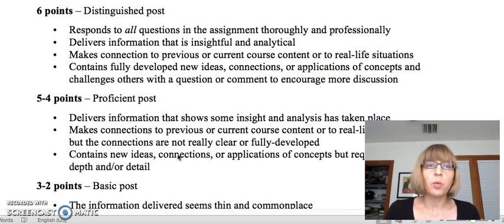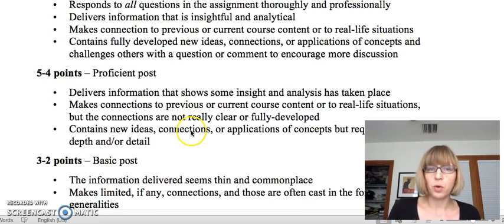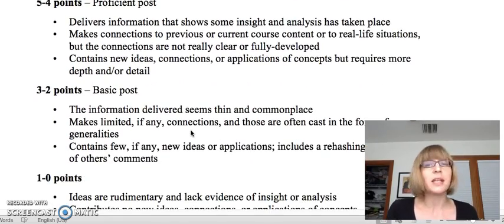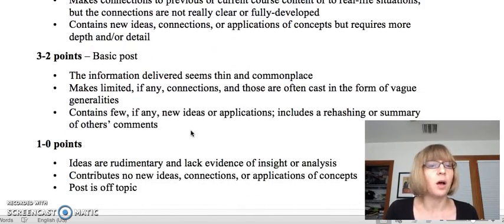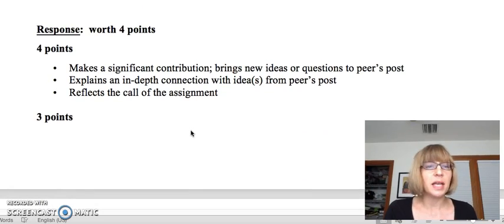Your writing fellow will give you 2 scores. One will be for your original post, in addition to feedback. And then the second one will be for your peer response. And if you notice, the original response is 6 points, the peer response is 4 points, so it almost is even as far as value.